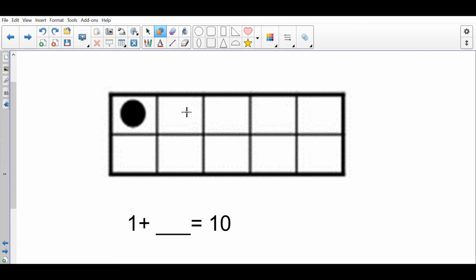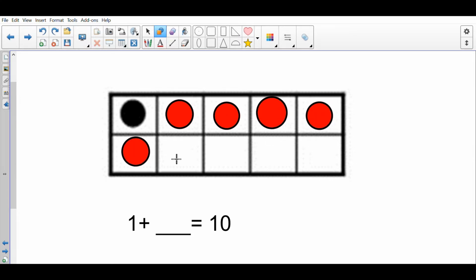Let's see if you were right. Ready? Count with me. 1, 2, 3, 4, 5, 6, 7, 8, 9. We needed 9.